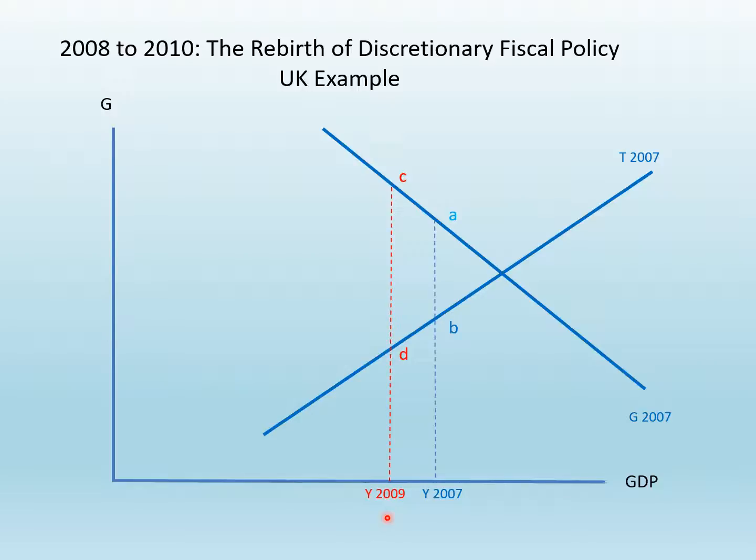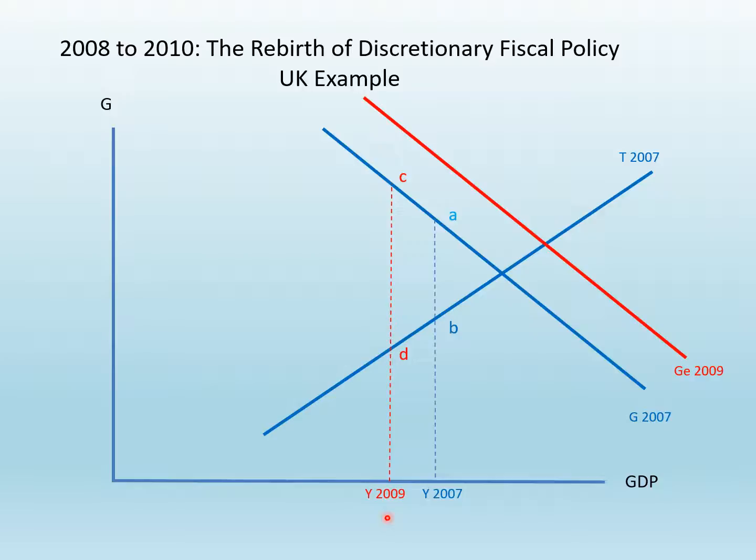But the policy decision taken in the UK is that this was insufficient, and so the UK invoked discretionary fiscal policy. The UK made discrete stimulatory changes to expenditure and taxes.